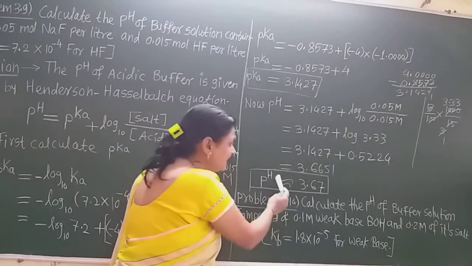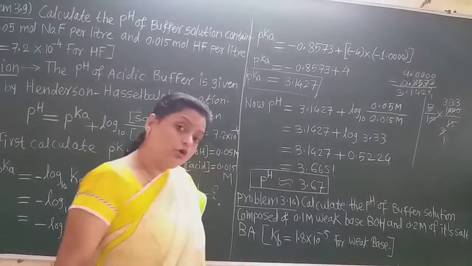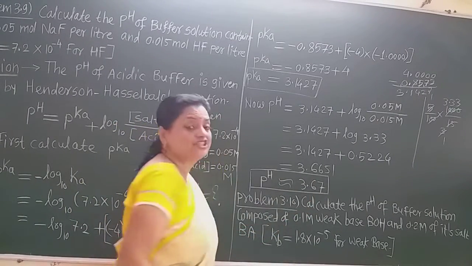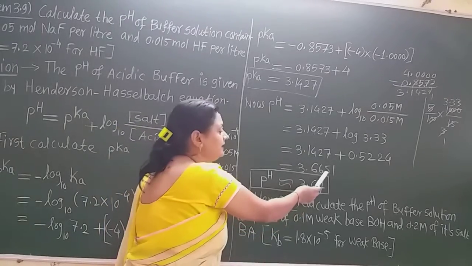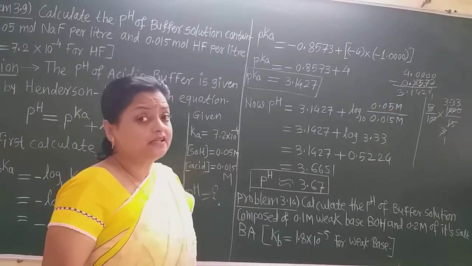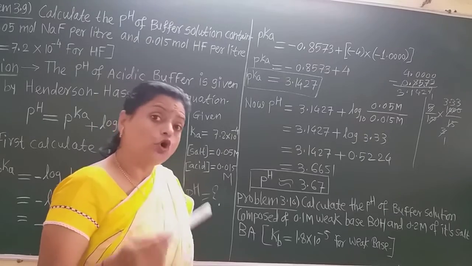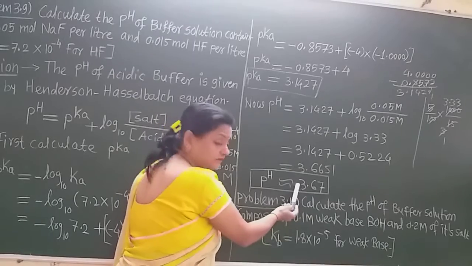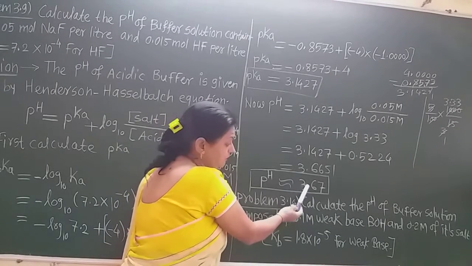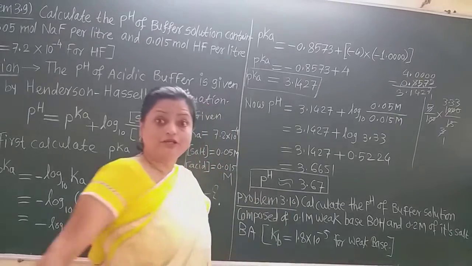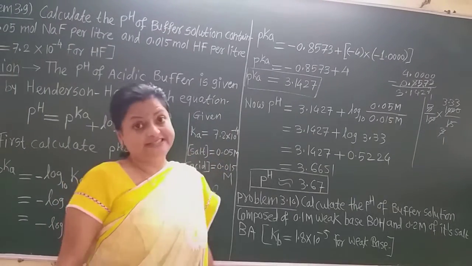Now by rounding up it becomes 3.67, because this 6 is more than 5. If the next digit is 5 or more than 5, then the first digit increases by 1, therefore it becomes 3.67. Now the pH of that buffer solution is 3.67.